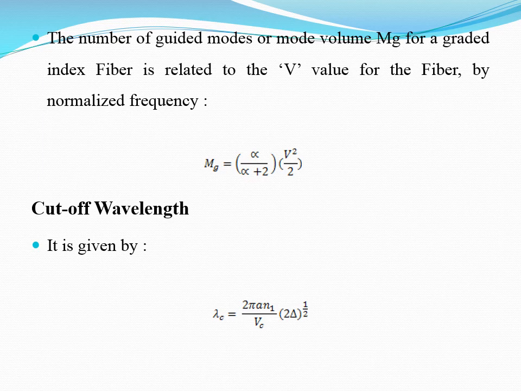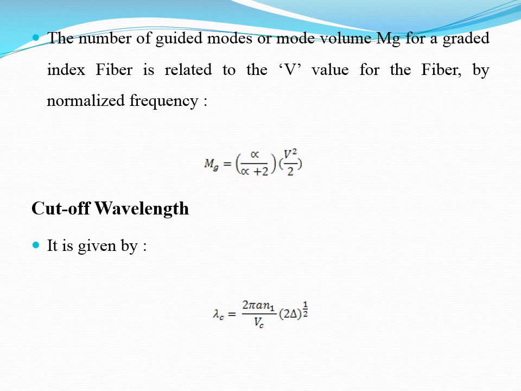Then cutoff wavelength. So cutoff wavelength is just by rearranging this and by representing lambda by lambda c. So lambda c represents the cutoff wavelength, and that is equal to 2 pi a n1 by Vc into 2 delta to the power half. And this Vc is different for different operational modes. For step index fiber single mode operation, this value is going to be different. So it is 2.405.